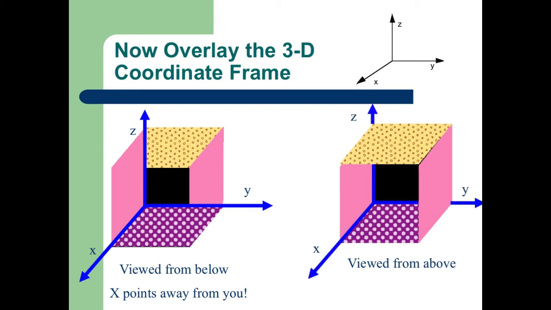On the other hand, if I overlay the axis onto the box like this, you can see the X-axis is still pointing in the same direction, Y in the same direction, Z in the same direction. But now I've got the YZ axes along the back, the sort of inside back of the box, right?